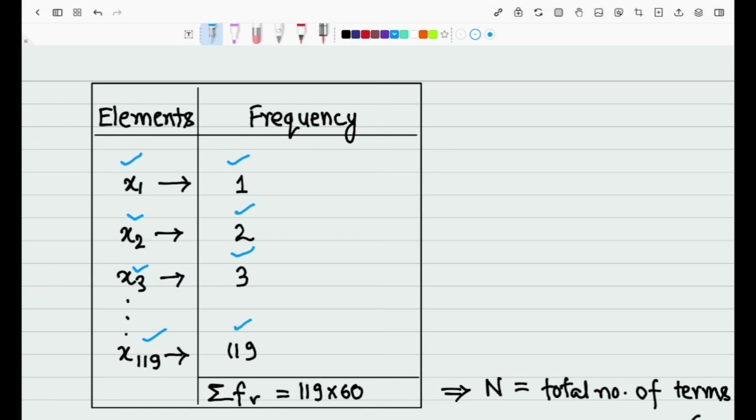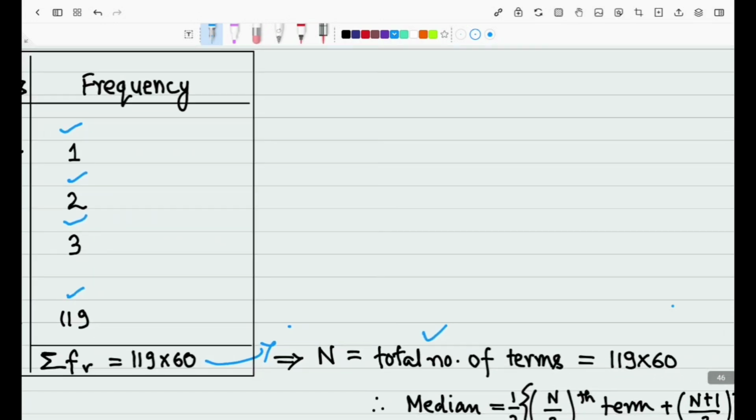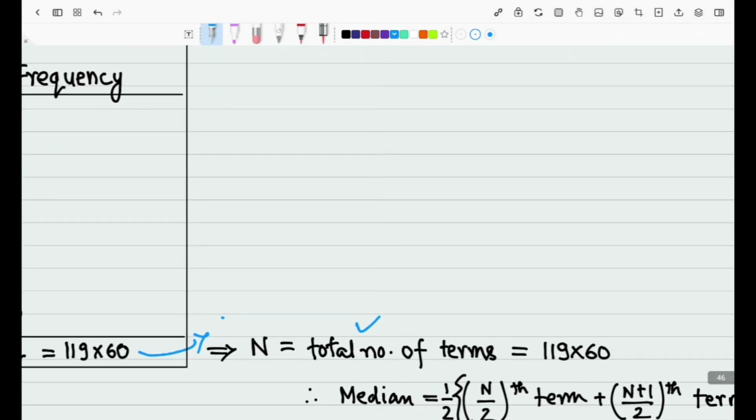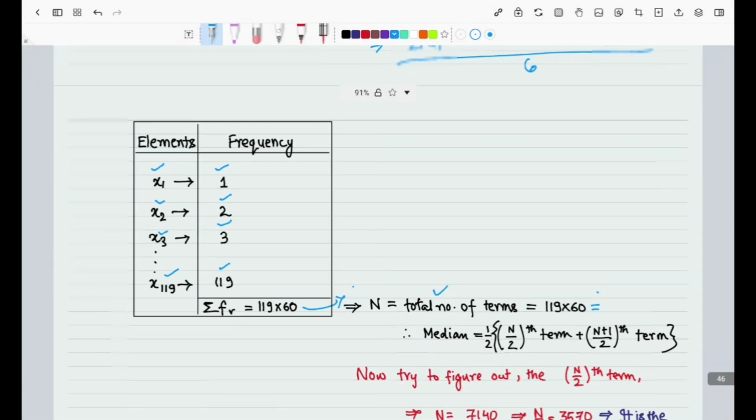Now following the summation of the frequencies, we get the total number of terms, that is n, that I have mentioned here. And this n is equal to 7140, right?